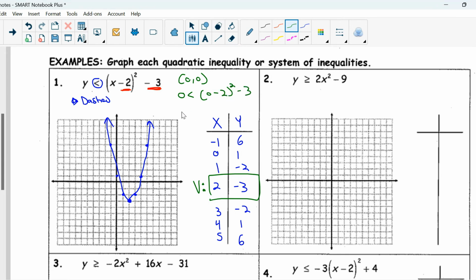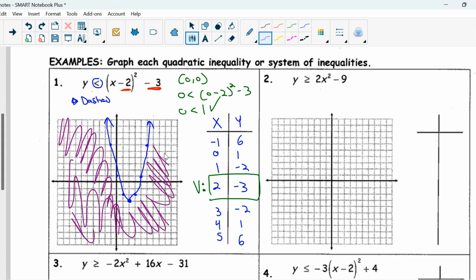So that gives us 0 is less than -2 squared, which is 4, minus 3, which gives me +1. So is 0 less than +1? That is a true statement. So that indicates that we are going to shade on the outside of our quadratic. So shading, you are going to have something like that.